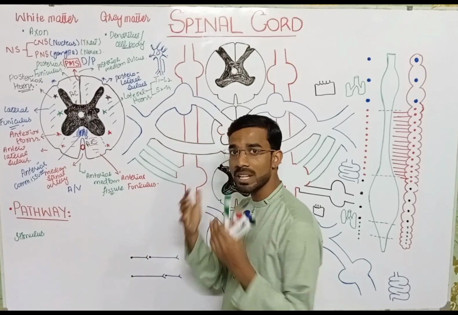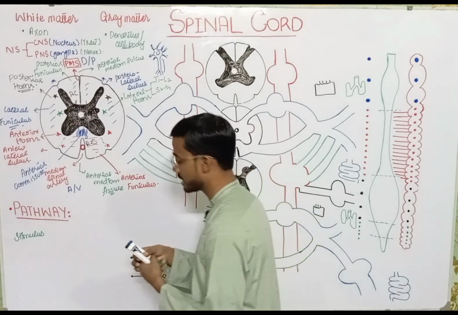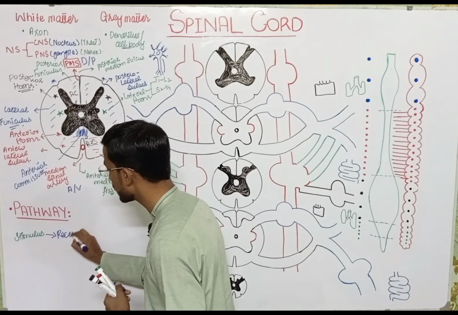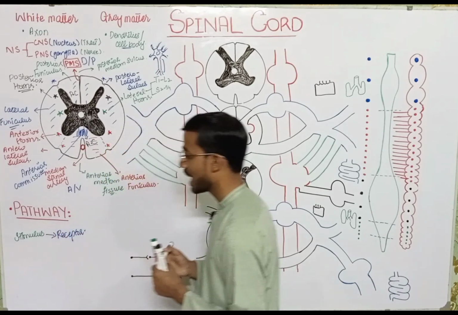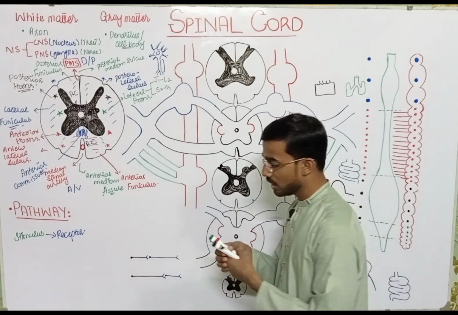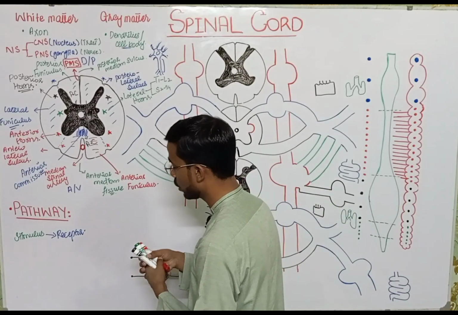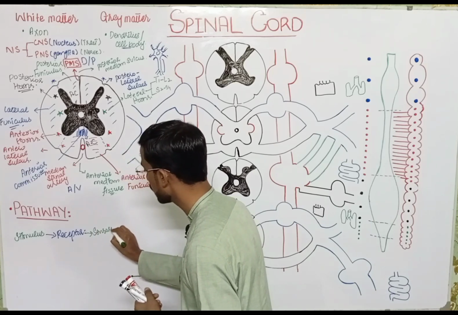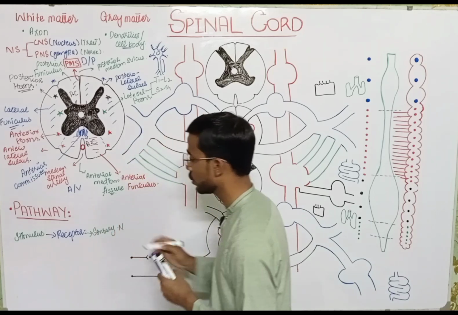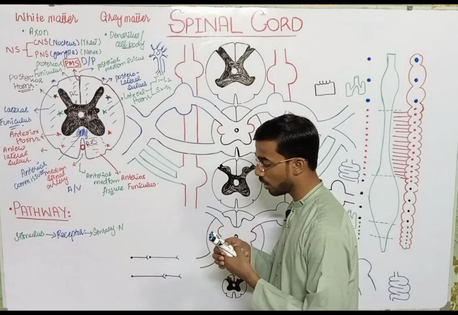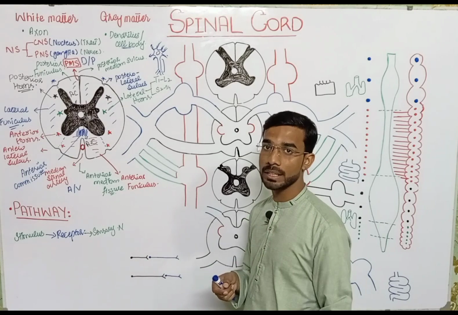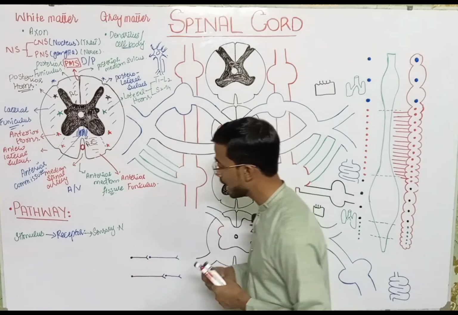Then the stimulus is received by the receptor. After that, the receptor transfers the message to the sensory neuron, and from the sensory neuron the message goes to the central nervous system, either the spinal cord or the brain.